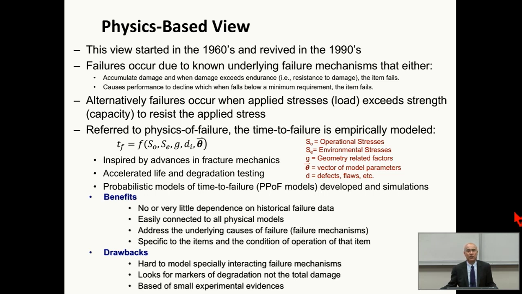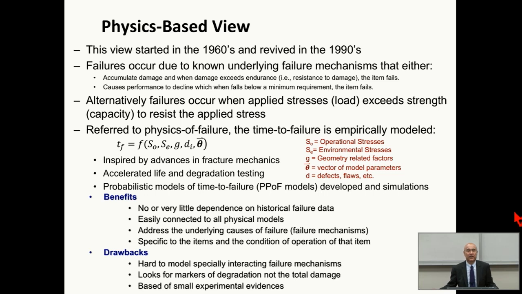A marker of damage could be, for instance, the size or depth of the corrosion, the amount of wear released to the outside, or the size of a crack initiated due to fatigue. All of these are markers of damage. But when fatigue is generated, there could also be damage or micro cracks that are not necessarily visible.